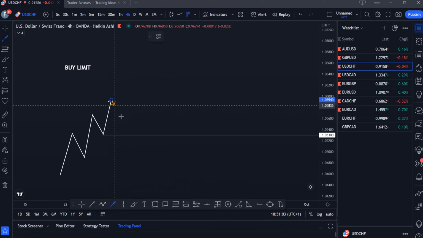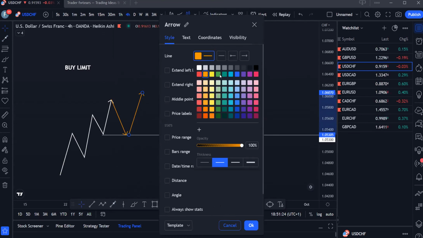So if price should come back down into your buy limit level, as soon as this happens, it will trigger, and then you'll be entered into the market for a buy. Okay, so that's why I said buy limit orders are what?